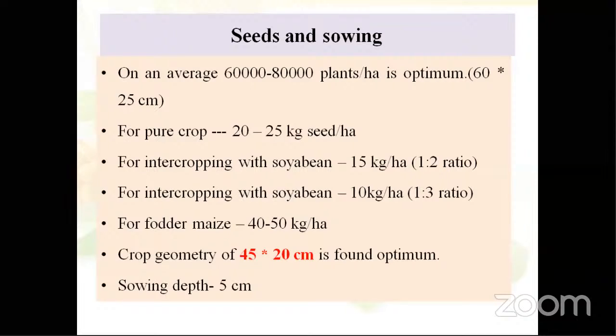How do you calculate the seed rate? You know the plant population is 80,000, and the area is 1 hectare, 10,000 square meters. How many kg of seed is required? Do you need any other inputs? Spacing.